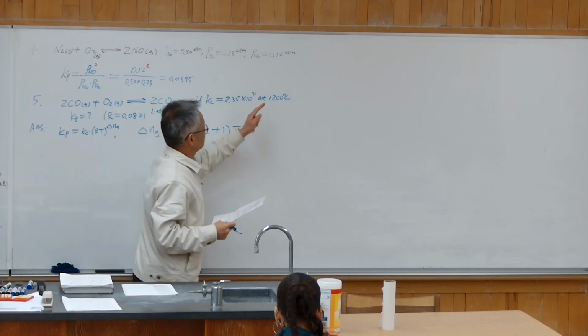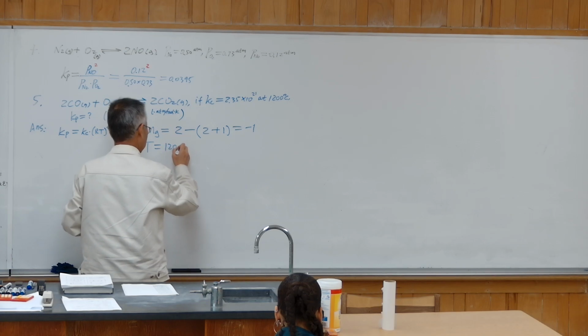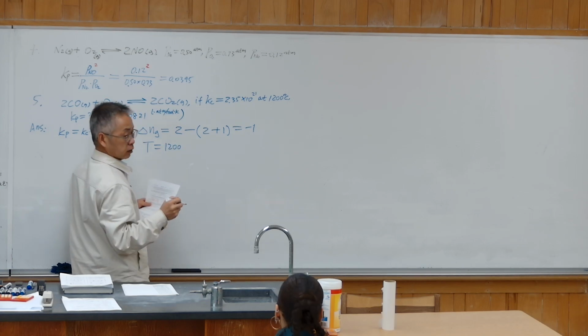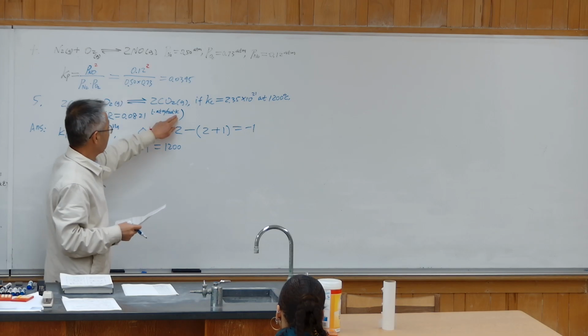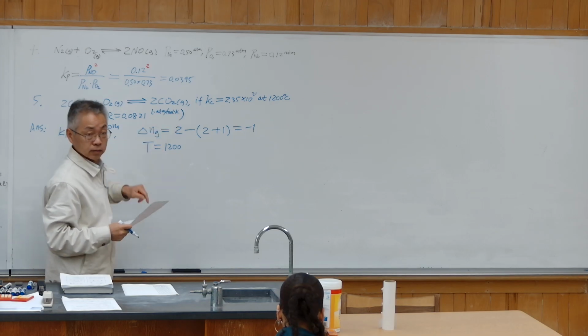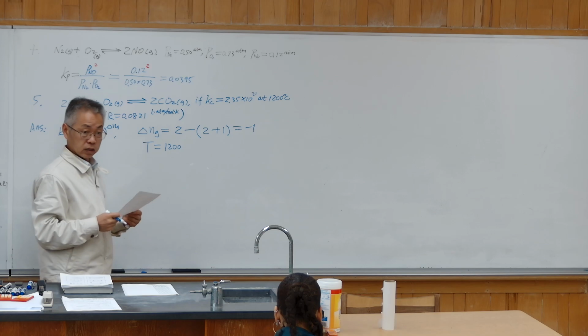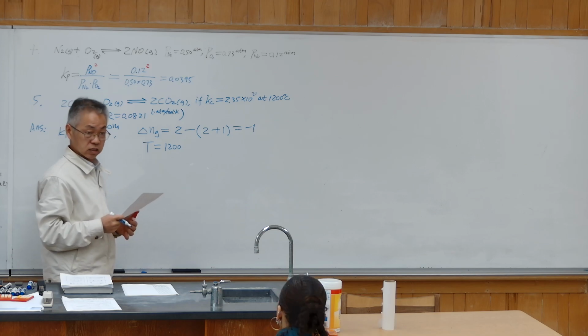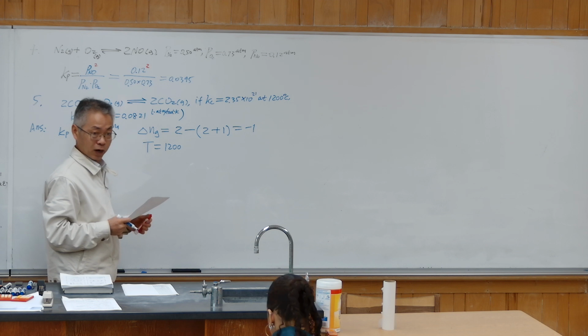Temperature: 1200 degrees. Temperature must be in Kelvin because R is per K. We cannot use Celsius directly. Have in mind, in chemistry, in most cases we must use Kelvin if temperature is required in the formula.